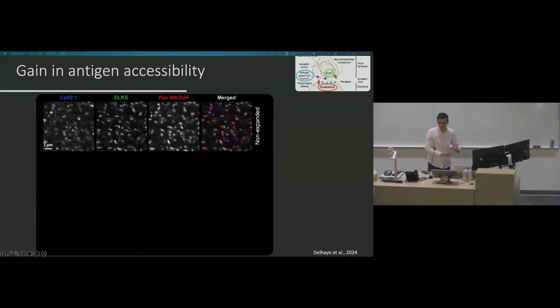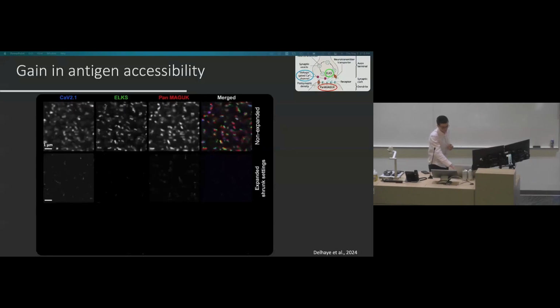Then we looked at the gain of visualization once we expanded physically this tissue. And so what we observe first is if we use exactly the same imaging settings to look at the exact same tissue but expanded, we cannot see anything due to the dilution of the signal. So it shows here that by expanding physically the tissue, we pull further apart the different fluorophores, which dilutes the signal a lot.